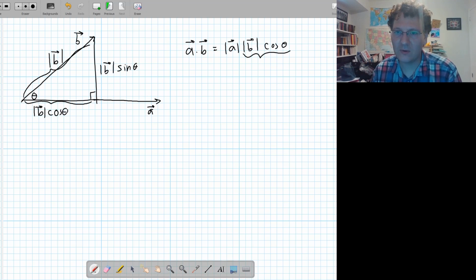Let me take a step back. Taking this, we can rewrite things: magnitude b cosine theta is equal to a dot b over magnitude a.